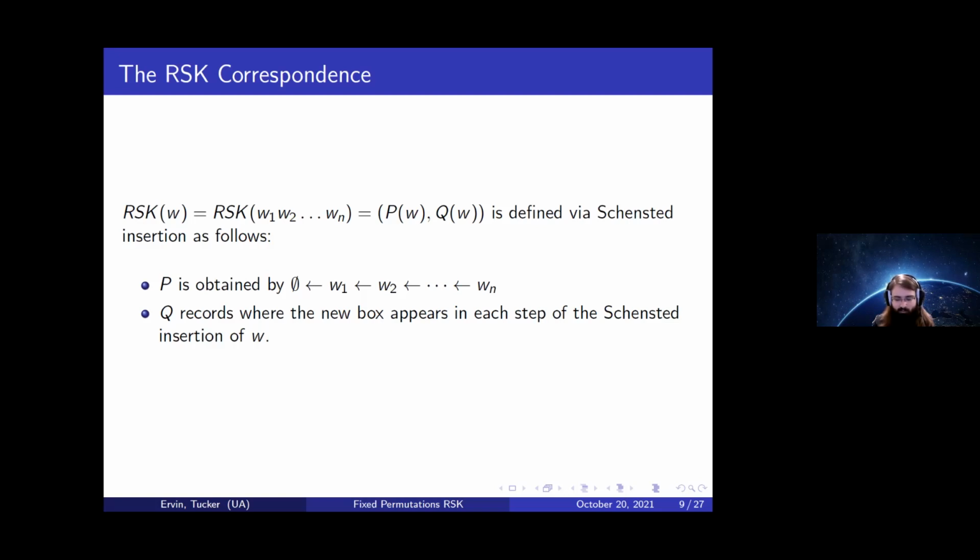So if a new cell appears at step 1, we fill it with 1. If a new cell appears at step n, we fill it with n. And naturally, this gives us that Q is the recording tableau. So we have the insertion tableau, which is P, and the recording tableau, which is Q. I'll probably mix these up somewhere, so just try to keep that in mind.